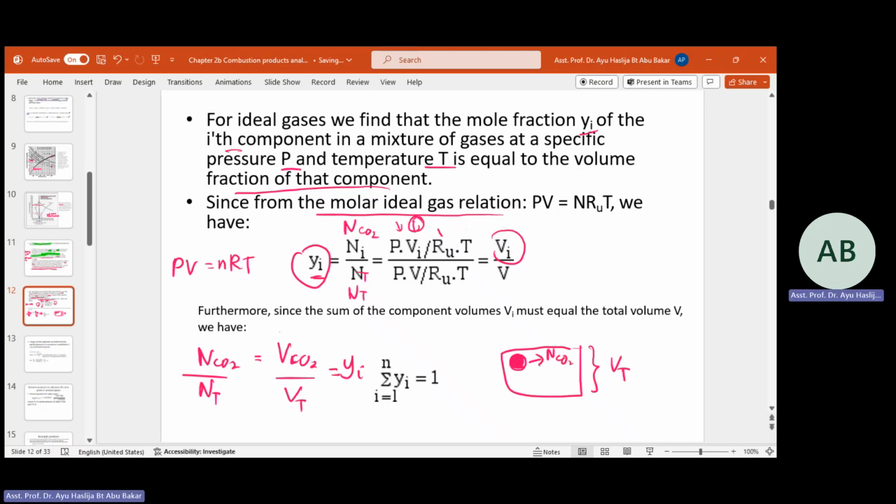Amount of this mole of CO2 akan take up space sebanyak V CO2. Okay, that's why dia boleh samakan. Okay, the total fraction, usually most of the time it goes to 1.